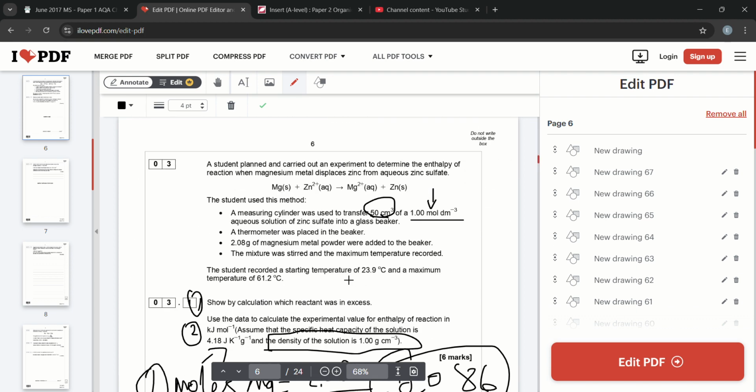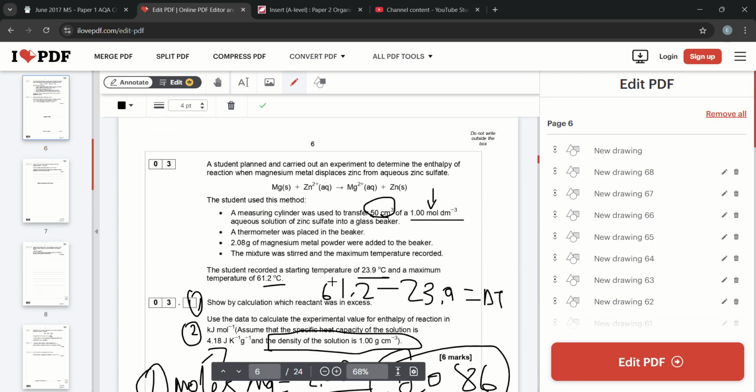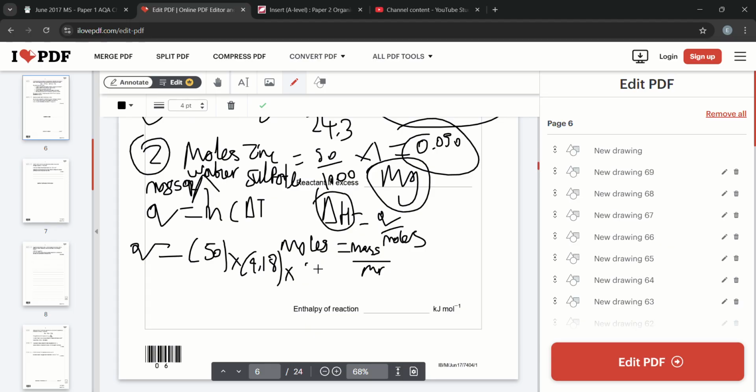The temperature change is just the difference between these values. 61.2 minus 23.9 equals ΔT, the change in temperature, which is 37.3.